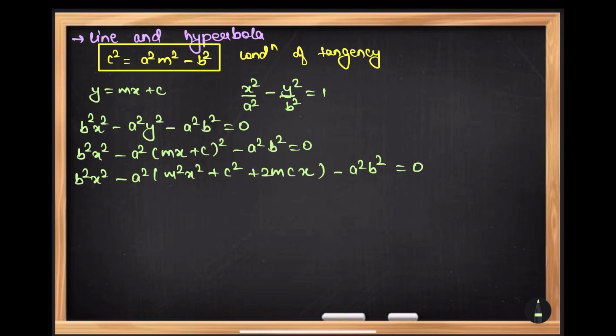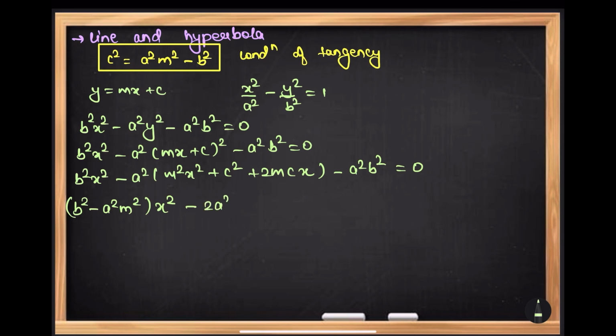Now let's write down this equation in standard form, means leading will be x square, then x, and then the constant part. So I'll be writing x square first. So we get b square minus a square m square times x square. Now we will go through the x. You know that we will have x only in this situation, correct? So we will write those things as well.